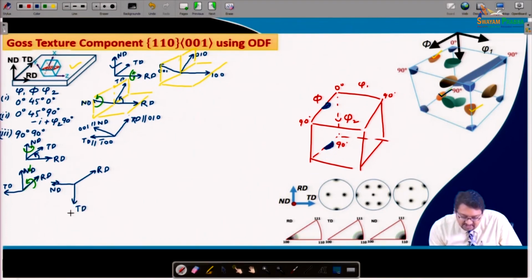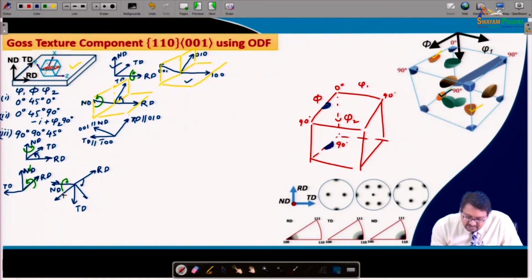Now, you see that still we have to rotate to go to this position. So, the sample has to rotate still to go to the specimen axis. So, if we rotate about ND by 45 degrees, using right hand thumb rule, the rotation will take place in such a way that RD will rotate somewhere here and TD will rotate somewhere here, right.